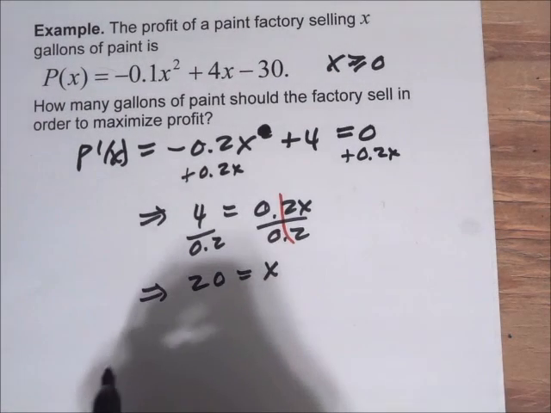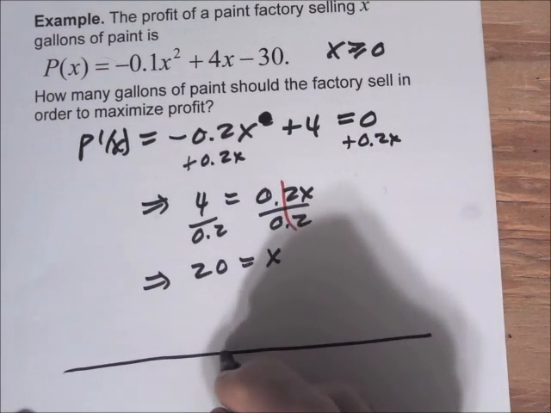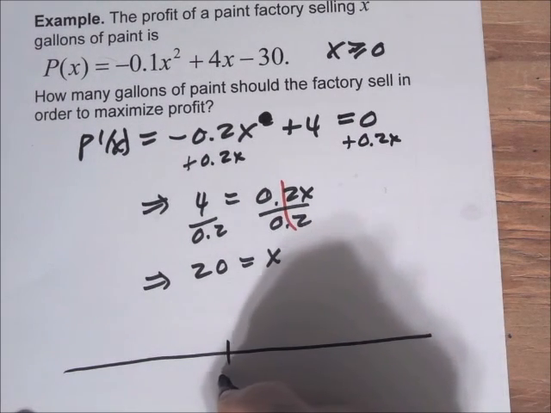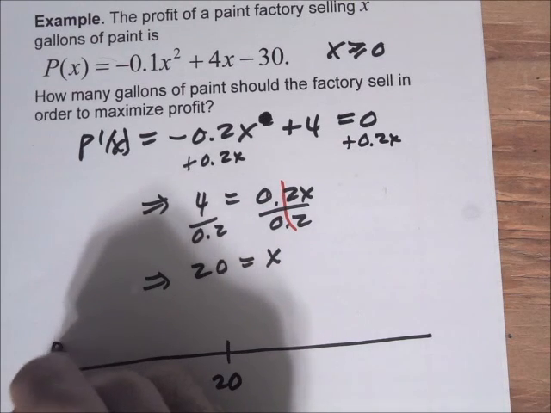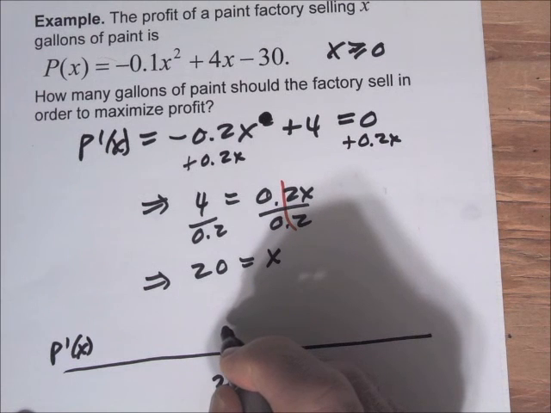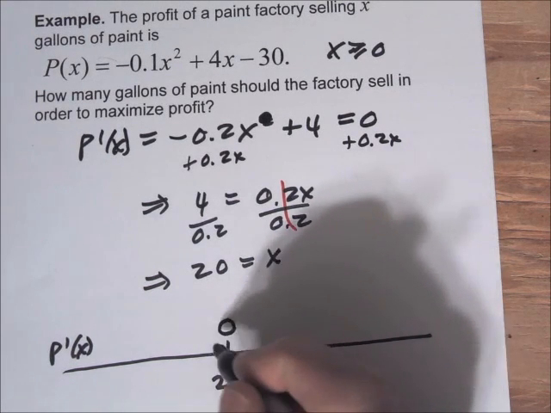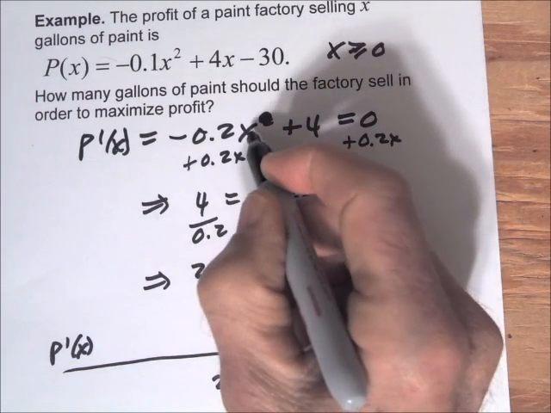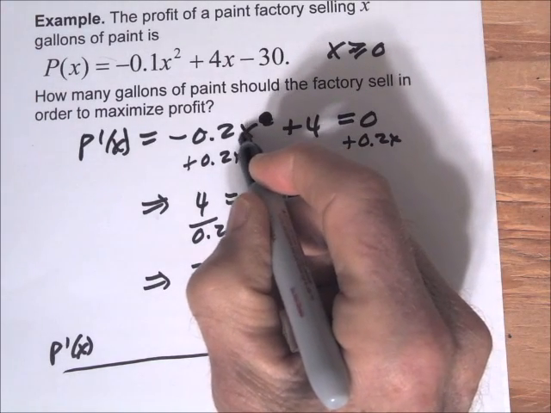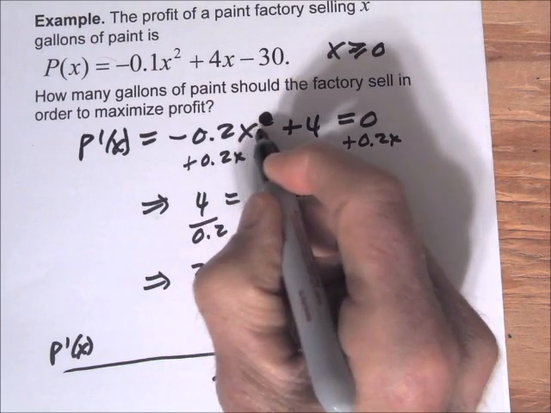Let's analyze the sign of this derivative here. So at 20, the derivative is 0. If X is less than 20, for example, if X is 0, if you replace X by 0 here, we have minus 0.2 times 0 plus 4.